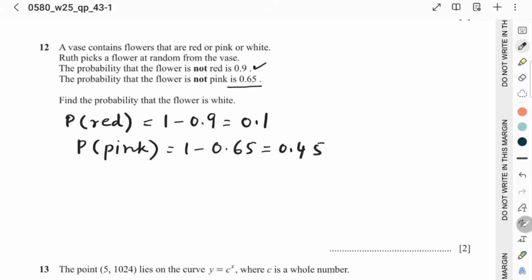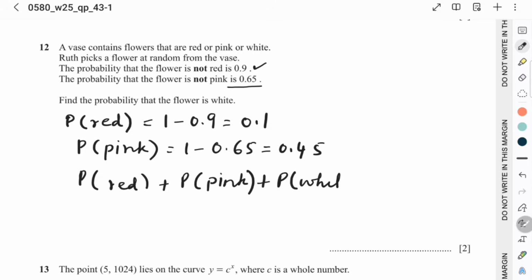And now they're asking you to find the probability that the flower is white. So the probability of red, pink and white is equal to 1. Red is 0.1, pink is 0.35.